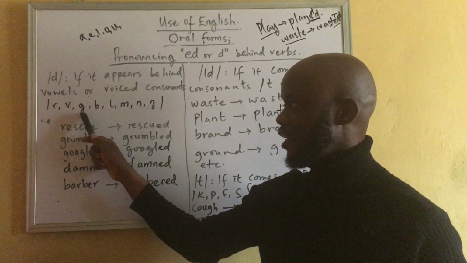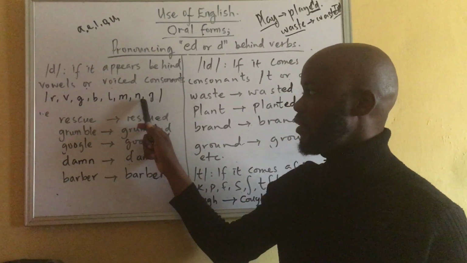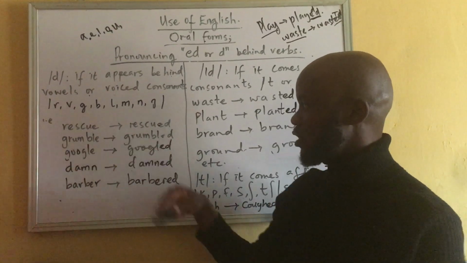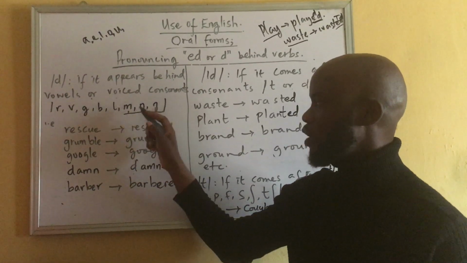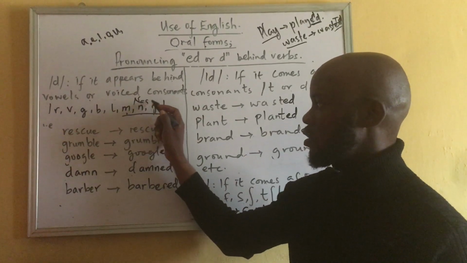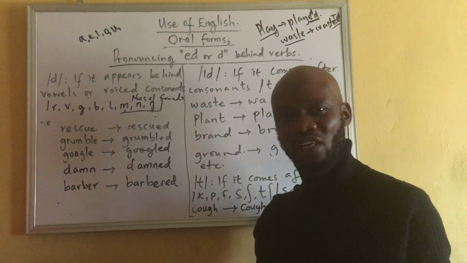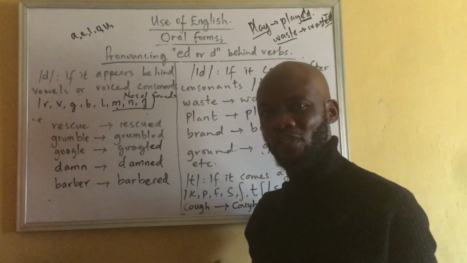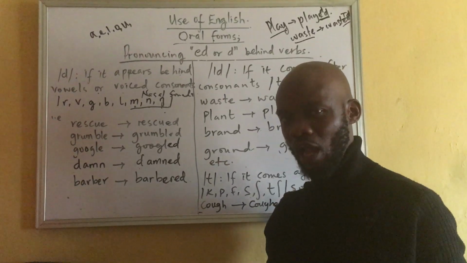V, v, g, g, d, d, l, l, m, m. Right? These sounds, especially the m and the n, we call them the nasal sounds. Every human being on earth must learn this sound, because at one point or the other, if it's not helping you now, it will help you in future. Are we together?